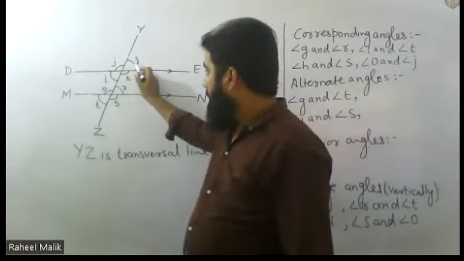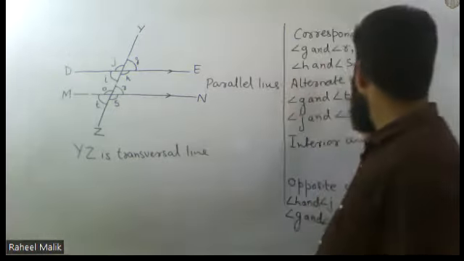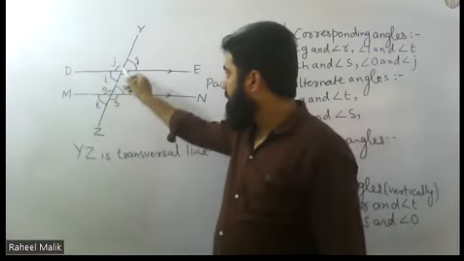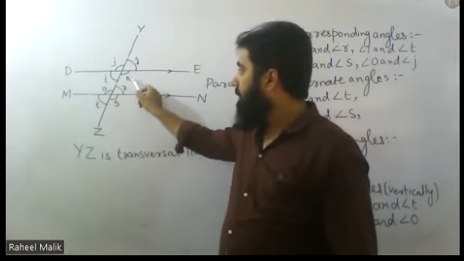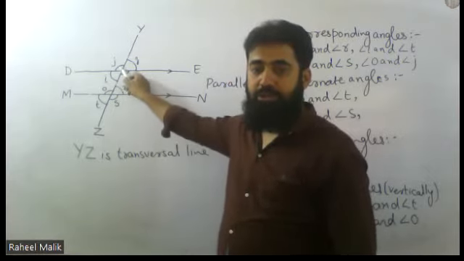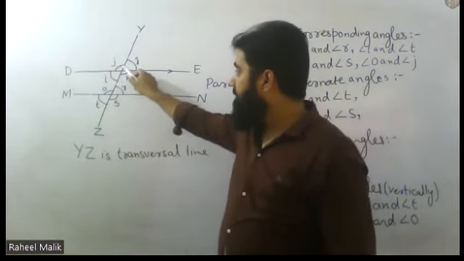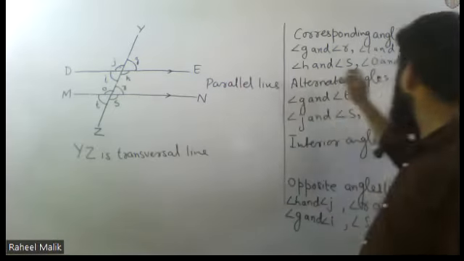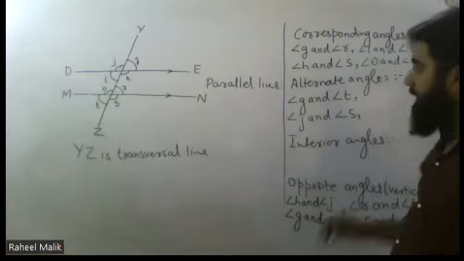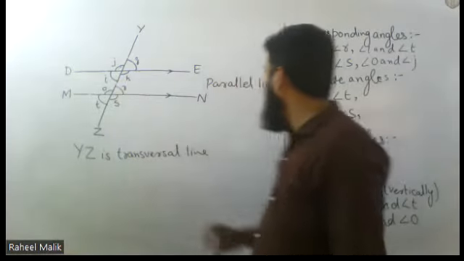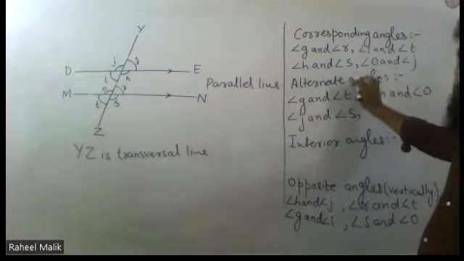Now, this comparison is done: G with S, G with P, J with S. Now, angle H is vertically opposite to J, but the corresponding angle to J is O. So if I compare angle H with angle O, I will say angle H and angle O are alternate angles.